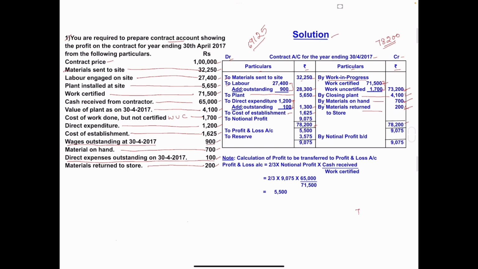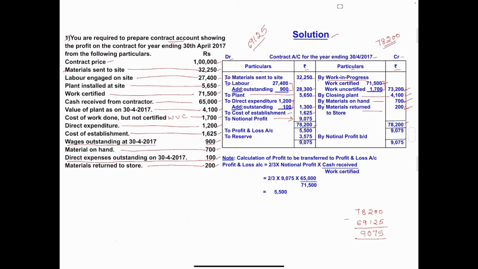Understood? From 78,200 minus 69,125 we get the difference amount 9,075. So this difference amount is called notional profit.